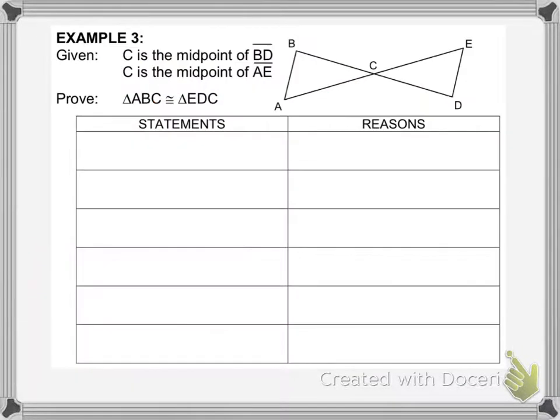Let's do a few more. All right, first thing, we're going to put our givens on our picture. We've got some midpoints. So remember what a midpoint is. A midpoint is the right in the middle of a segment, and it divides the segment into 2 smaller congruent segments. It's a bisector. Okay, so for that first given, C is the midpoint of segment BD.